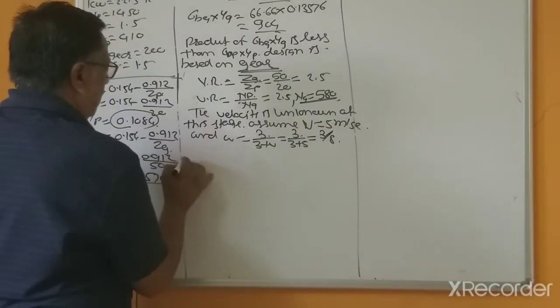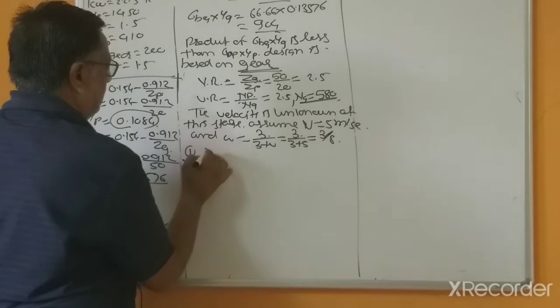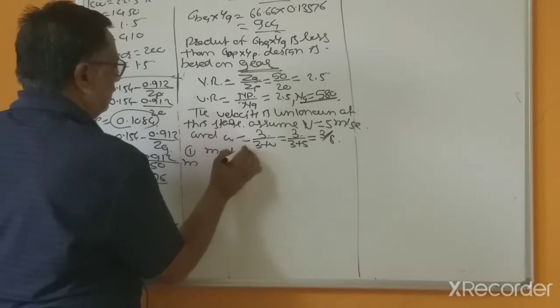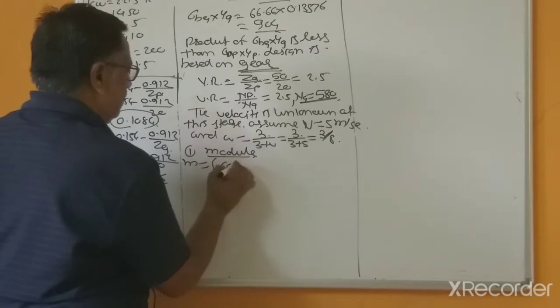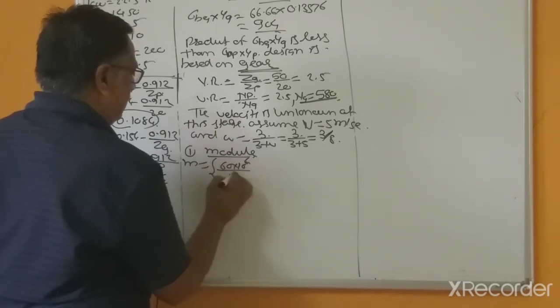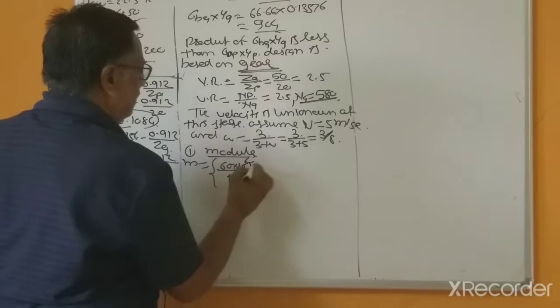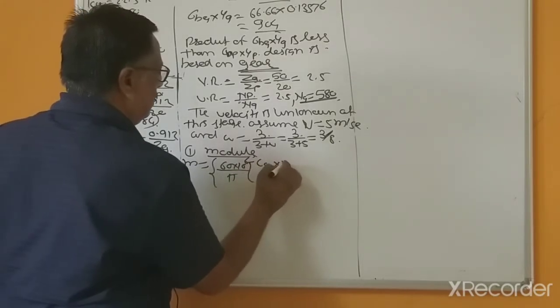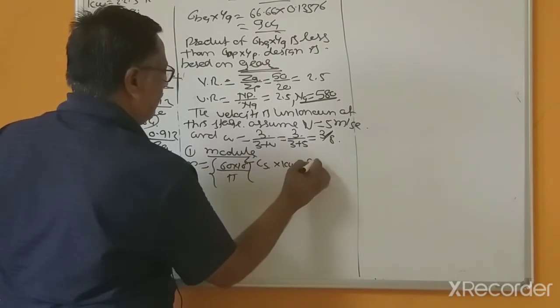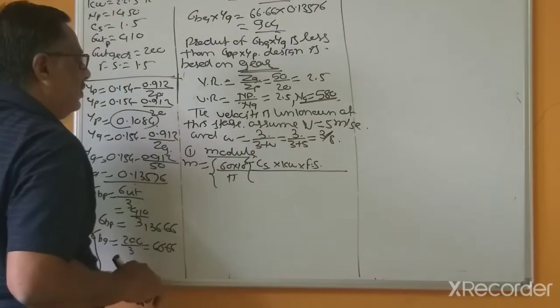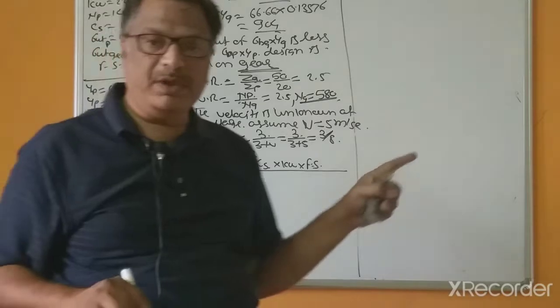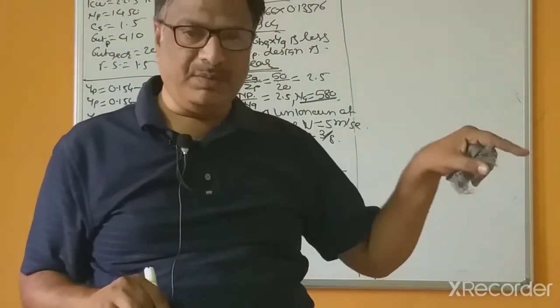Now m equal to, first find module. M equal to cube root of 60 into 10 to the power 6 divided by pi, CS into kilowatt multiplied by factor of safety, divided by... Now here design may be based on the gear or the pinion.